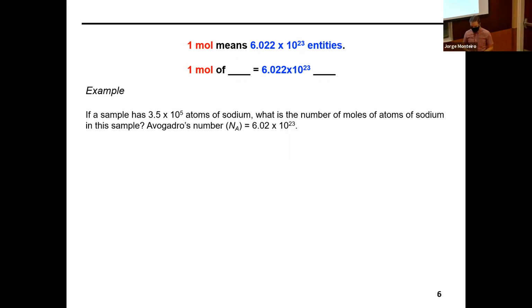Okay. So now I'm giving you the number of atoms, and the question is asking the number of moles. Okay, so just the opposite than what we did in the first example. So let's think about this problem for a minute, and then I will solve it.